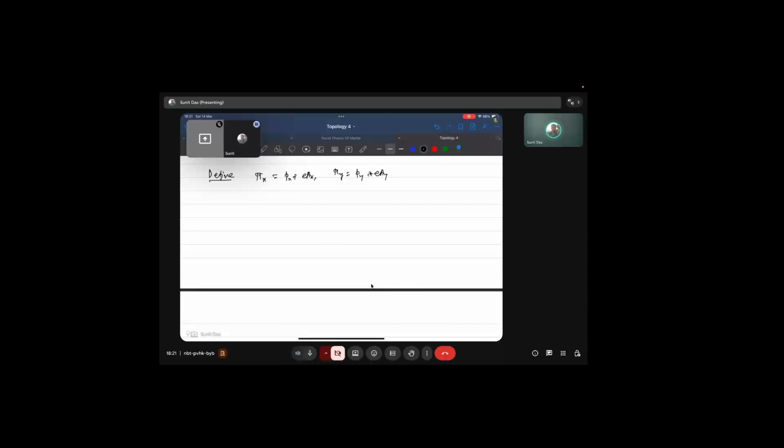Okay, so if you find the commutator of pi x and pi y, you'll find that something like this will emerge. Okay, so this is the relation that we can find.